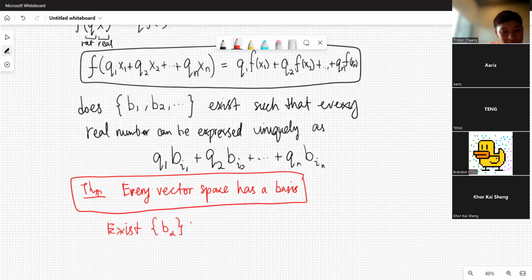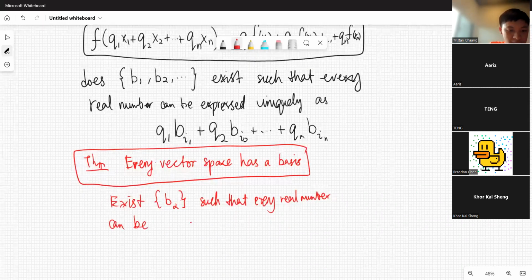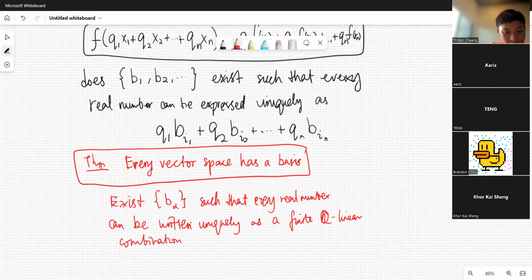So there exists this set B_alpha such that every real number can be written uniquely as a finite Q linear combination of B_alphas.